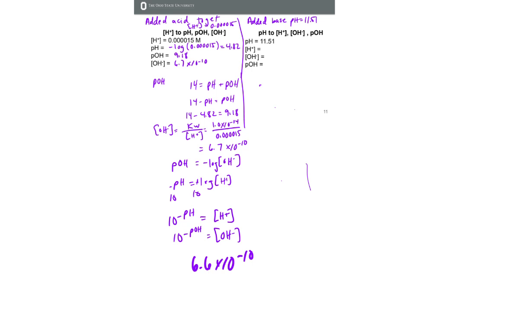Since we can just do the 10 to the negative power thing, what's the purpose of doing it the hard way with the KW?